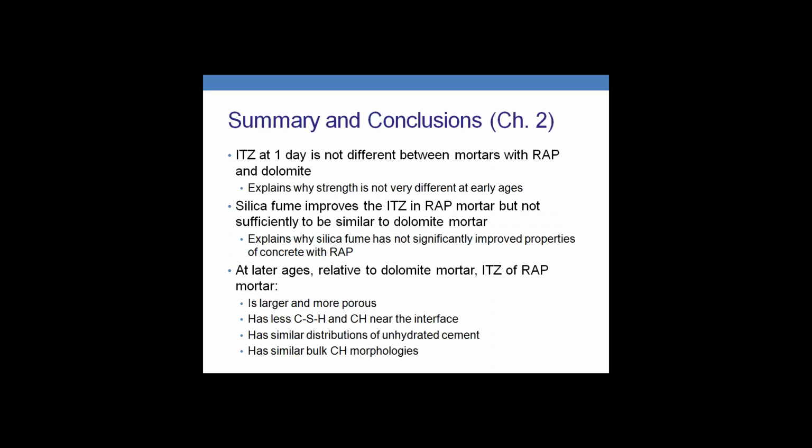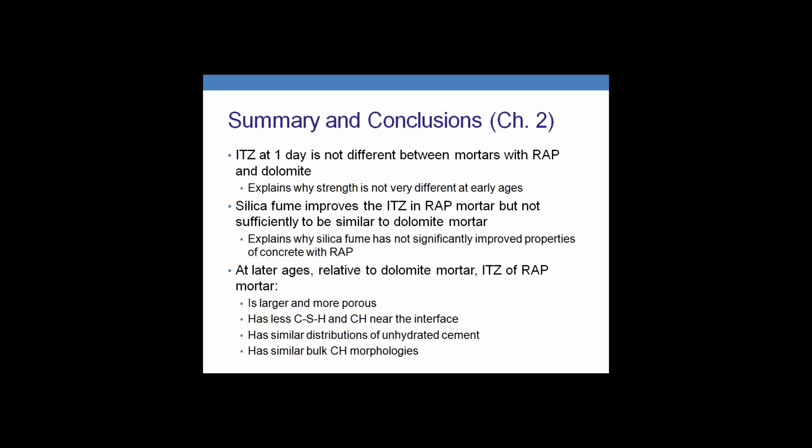So, to summarize a lot of what we've been talking about, at one day there's not much asphalt in the concrete affecting the ITZ very much. And that's why we don't see much effect on strength at early ages. At later ages, yes, big effect. So we're seeing a much larger, more porous ITZ, less calcium silicate hydrate, less calcium hydroxide, but similar unhydrated cement and similar calcium hydroxide morphology.